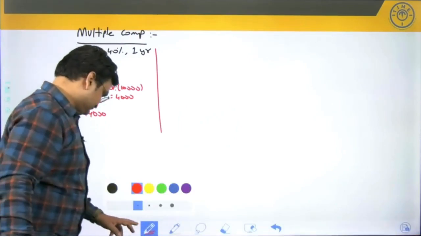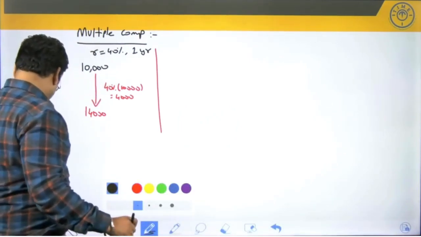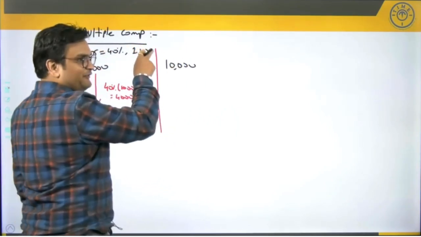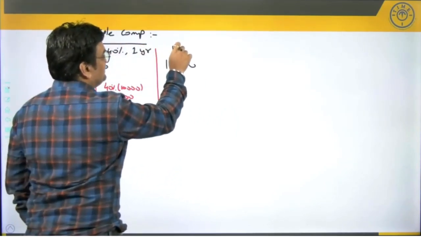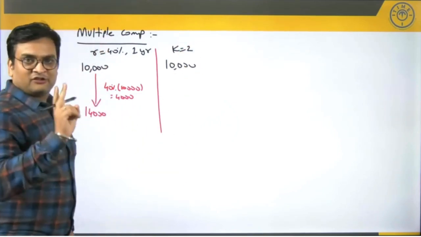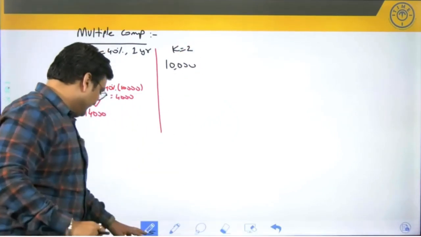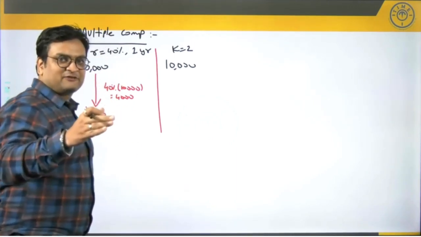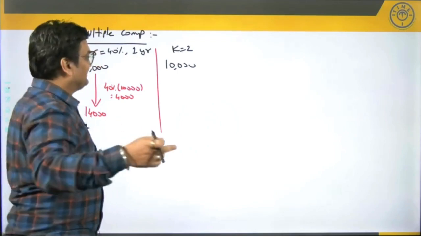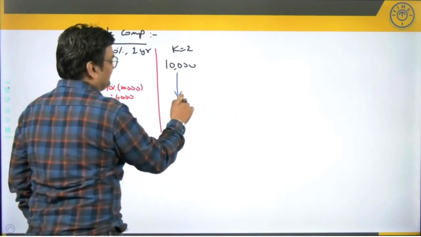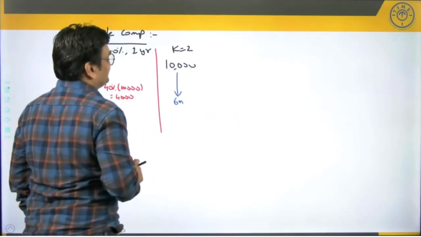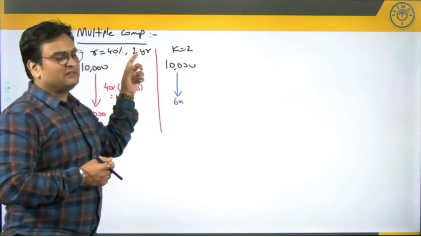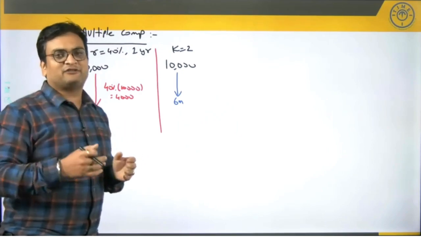Whereas, if you take the same 10,000, same rate of interest, same period, but this time you are compounding twice, the compounding will happen after every 6 months. After 6 months the first compounding, and again after 12 months the second compounding. So what will happen after 6 months? The rate of interest for the entire year was 40%, so for the 6 month period it will be half, 20%.